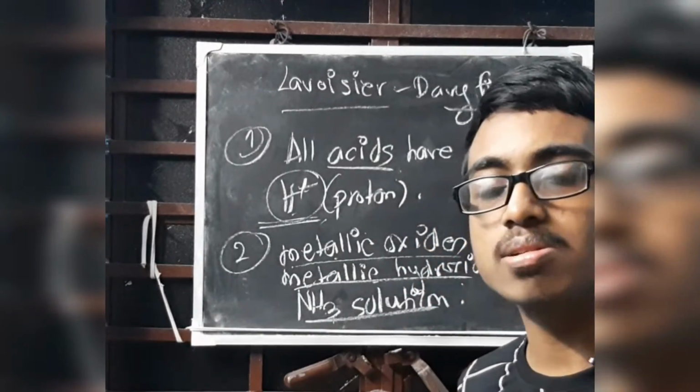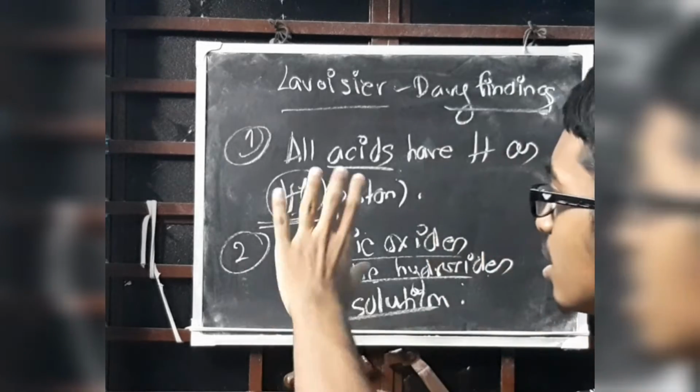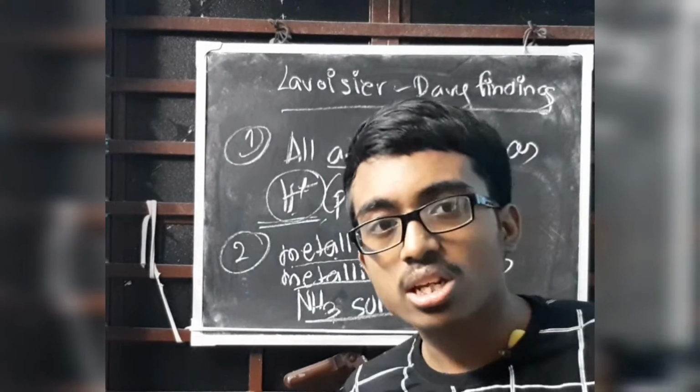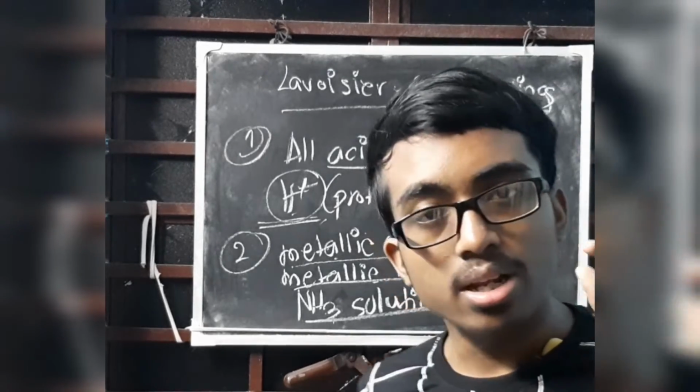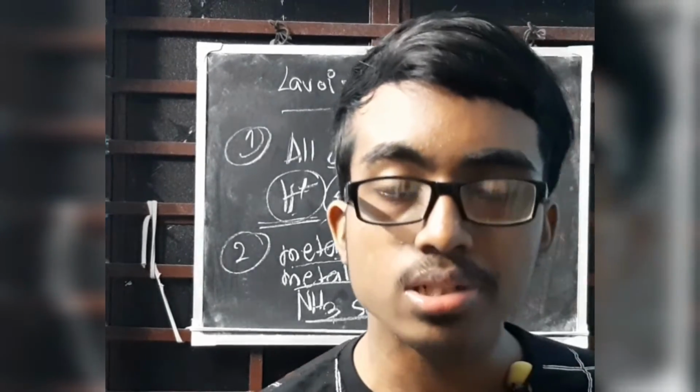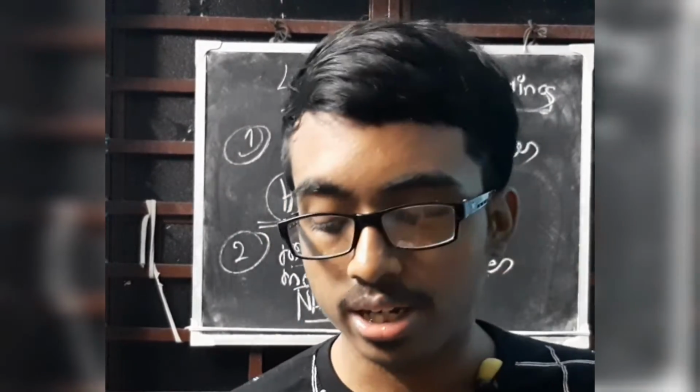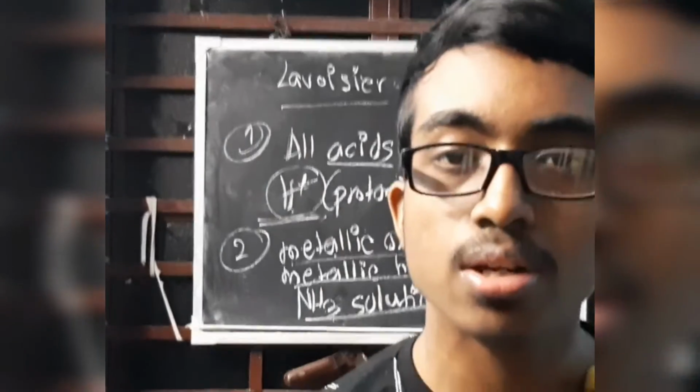By either of these it will be getting replaced, then it is said to be a salt. So these are the 3 findings of Lavoisier, Davy. This is the first important part that you need to read from this chapter.